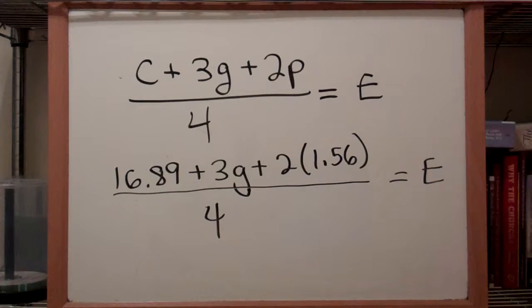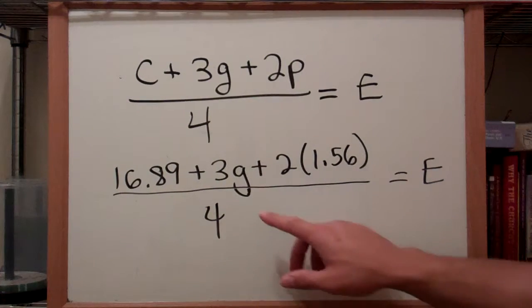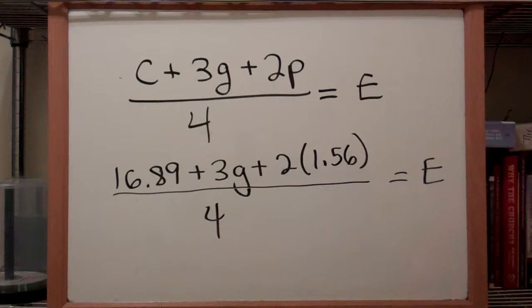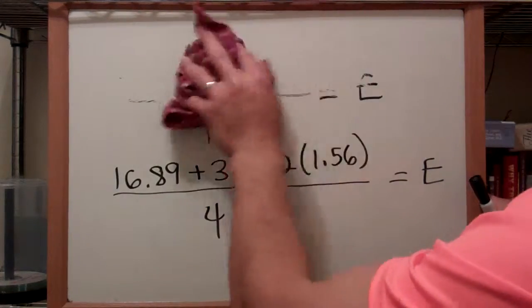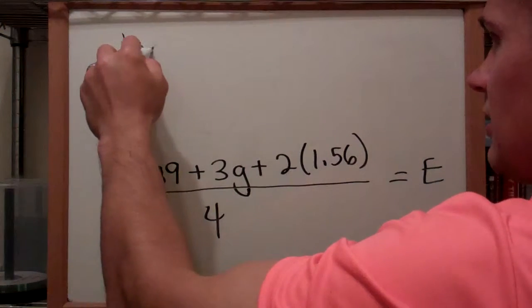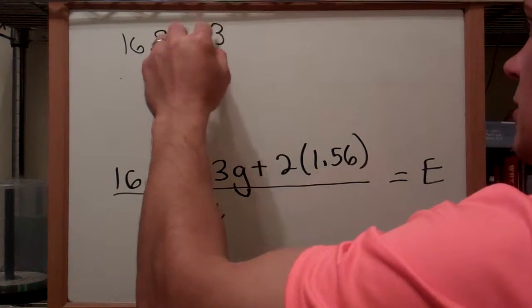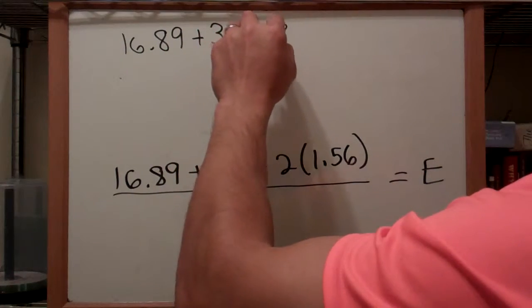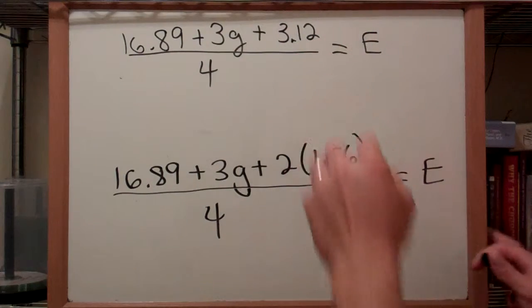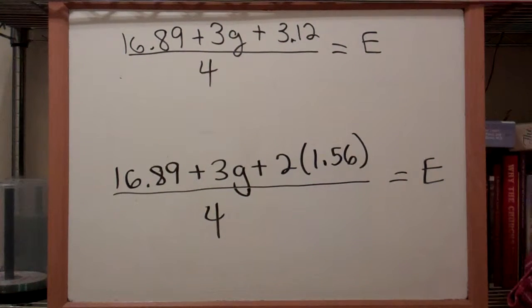And it's asking for the cost of a gallon of ice cream, which is in fact the variable G. So we could simplify this equation further, and if we did that we would get 16.89 plus 3G plus $3.12 all divided by 4 equals E. And that was just multiplying the 2 packages of plates times the actual cost for a package of plates.